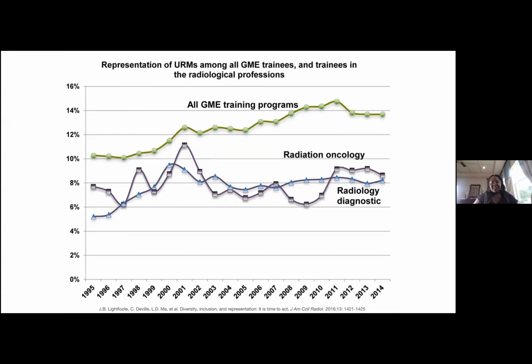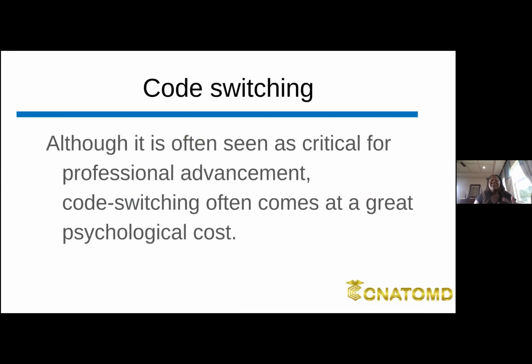Radiation oncology had a dip. And as far as all GME programs, there's been a slight increase, but by a few percentages. URMs are already aware that this is not a typical environment for them. They're already making adjustments and bringing versions of themselves to work.